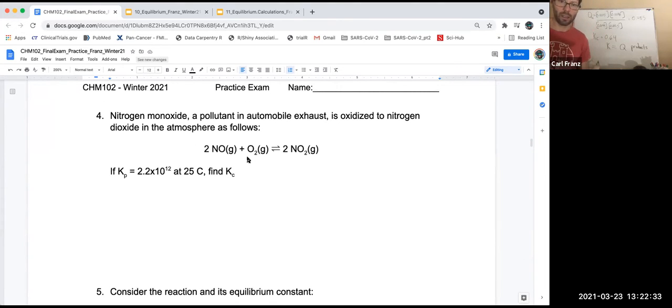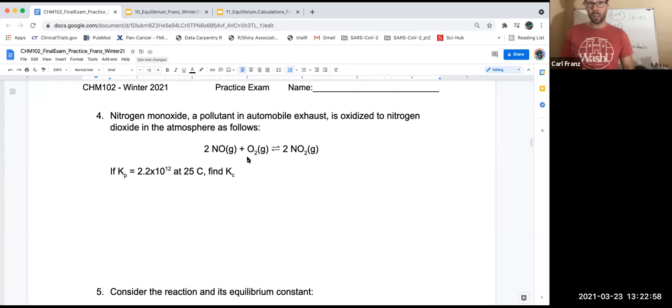All righty. Nitrogen monoxide, one of several pollutants in exhaust, is oxidized to nitrogen dioxide in the atmosphere. It gives us the equation. And it says, if Kp is 2.2 times 10 to the 12th at 25 C, find Kc.